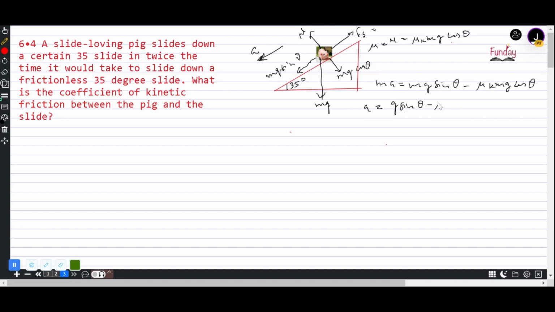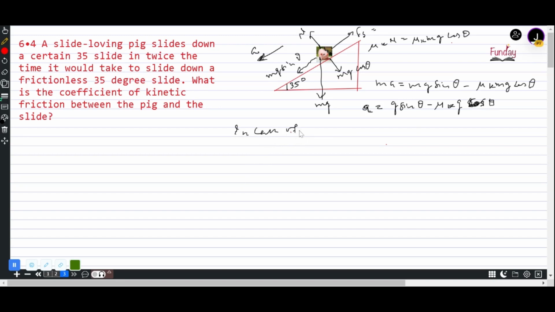Now we will write the equation. Acceleration is in the downward direction, so ma is equal to mg sin theta minus mu k mg cos theta. Now that means m cancels, so we have a is equal to g sin theta minus mu k g cos theta.